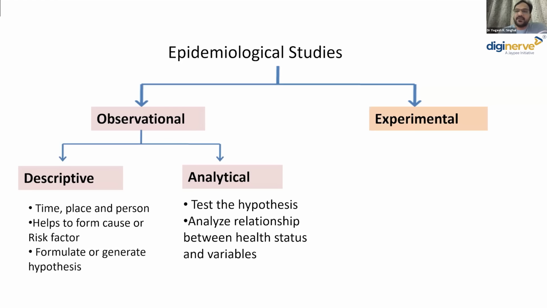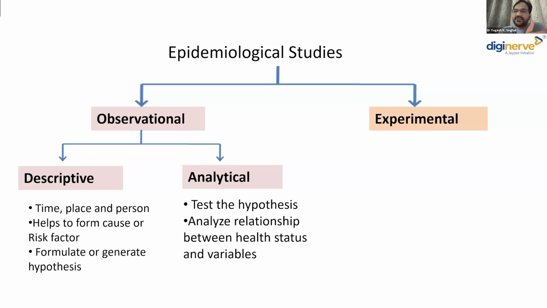Now, observational studies are again classified into two types: descriptive and analytical. In descriptive studies, what do we do? These are time, place, person studies. We describe the disease according to time, place, and person.